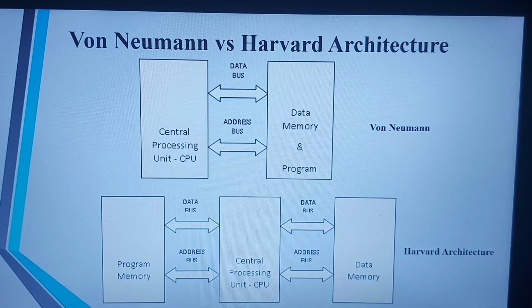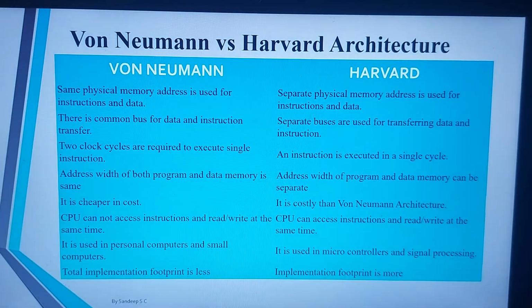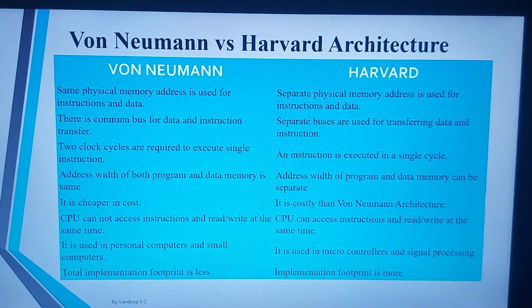Next, if we see a comparison between von Neumann and Harvard, the same physical memory address space is used for both instruction and data in case of von Neumann, as we see in the block diagram. Whereas in case of Harvard architecture, separate physical memory addresses will be there for instruction and data.